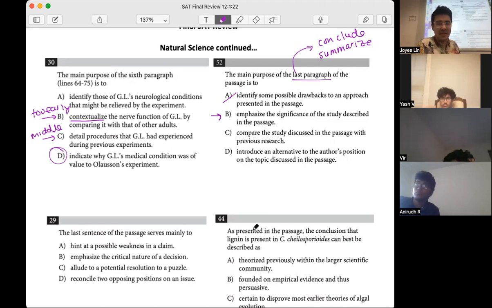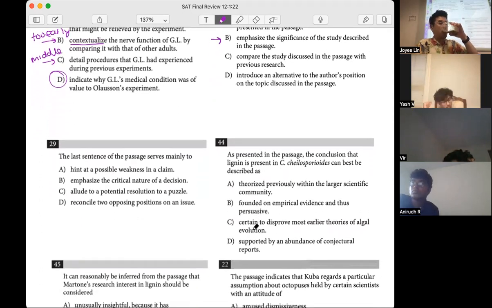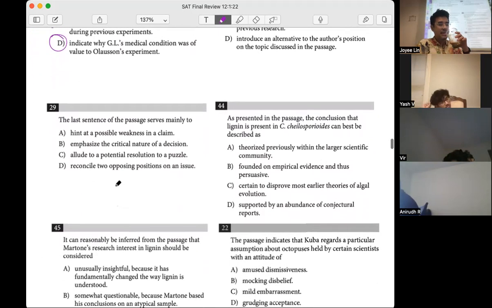Yeah, maybe. Last sentence of the essay. No. Oh no, hold on. Well, I mean, the potential. I said no because I saw resolution.